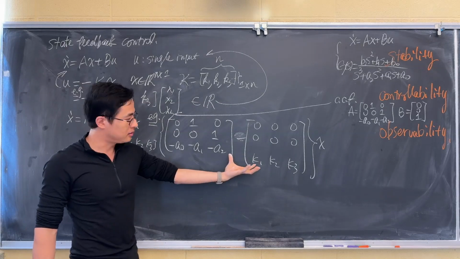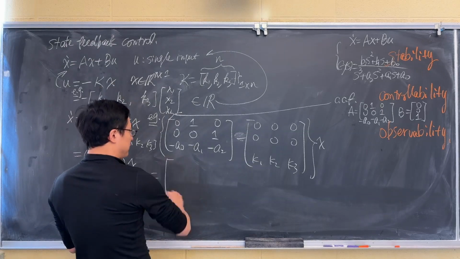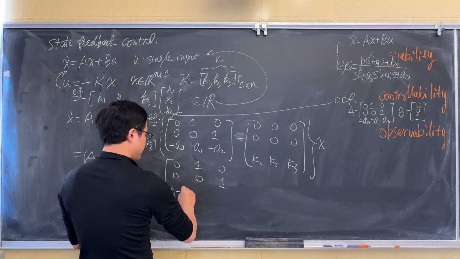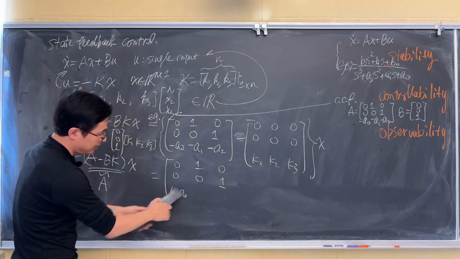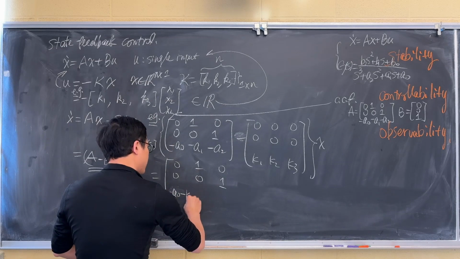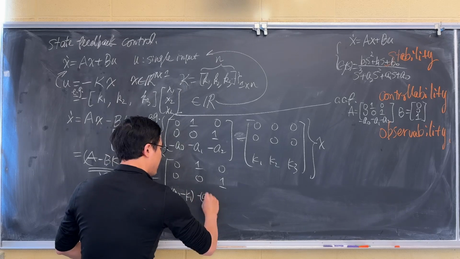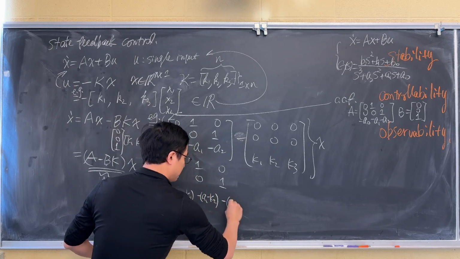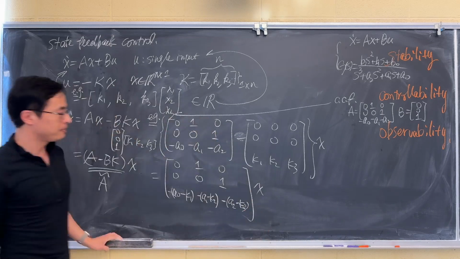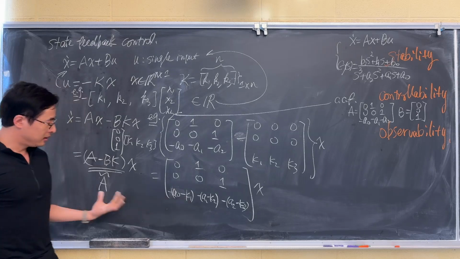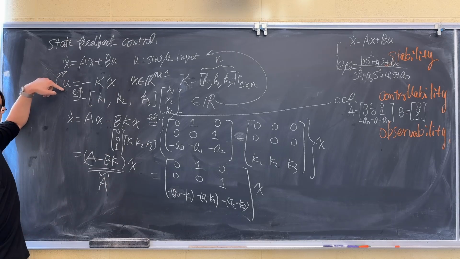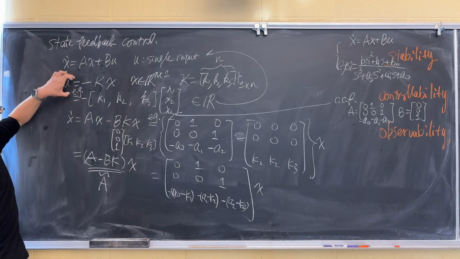These two matrices added together give a last row of negative A0 minus K1, negative A1 minus K2, and so on. That's the equivalent A matrix for the so-called closed loop system. After you apply the control law, the system becomes a closed loop.